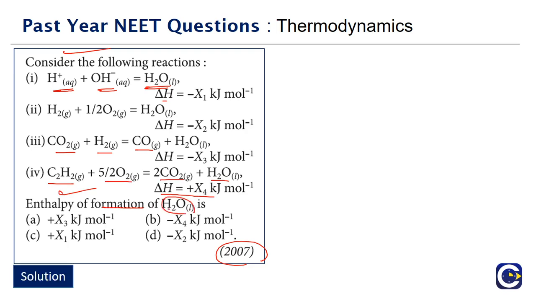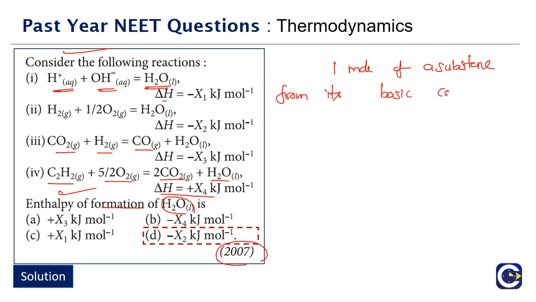So this is a question on the definition of what is an enthalpy of formation. So what is the enthalpy of formation? It is the enthalpy change involved in the formation of 1 mole of a substance from its basic constituents. Means what? For the H2O liquid, what will be the basic constituents?